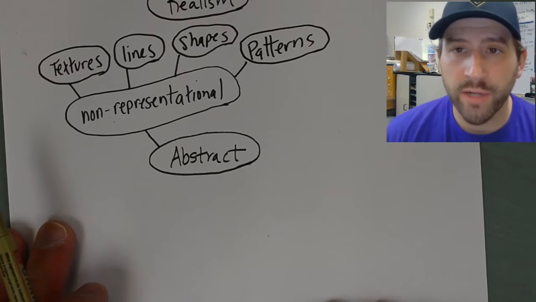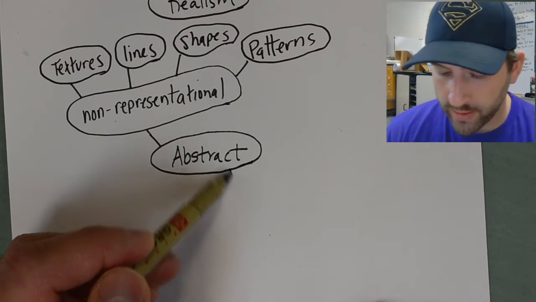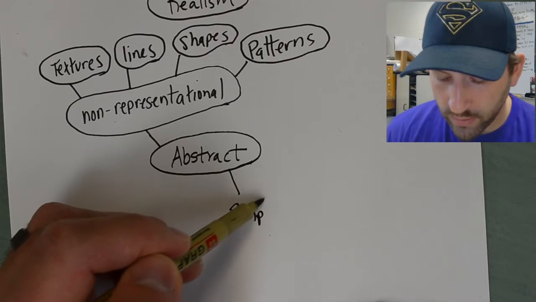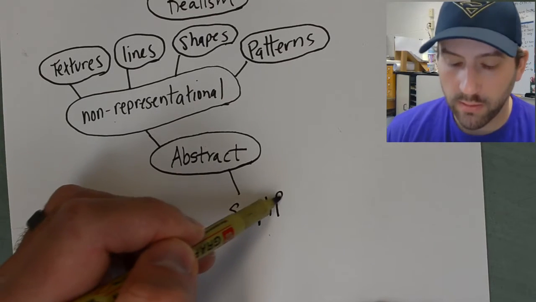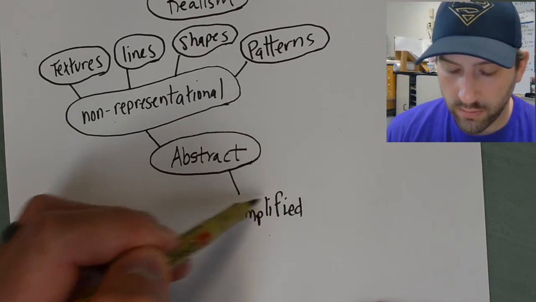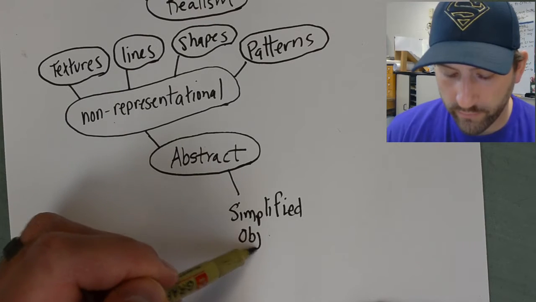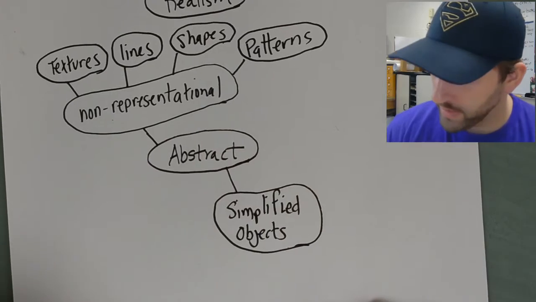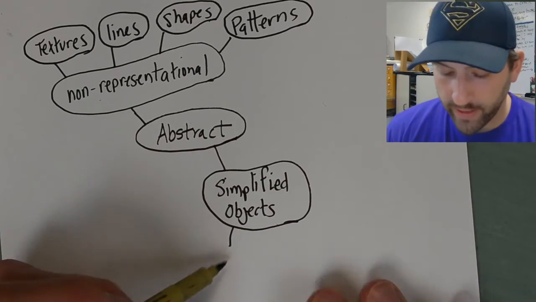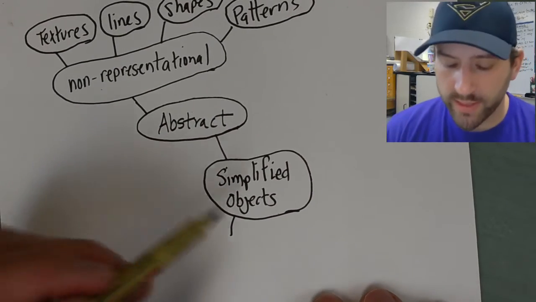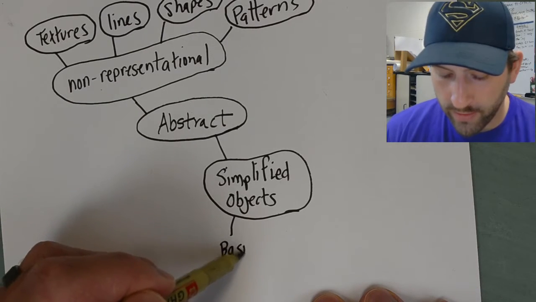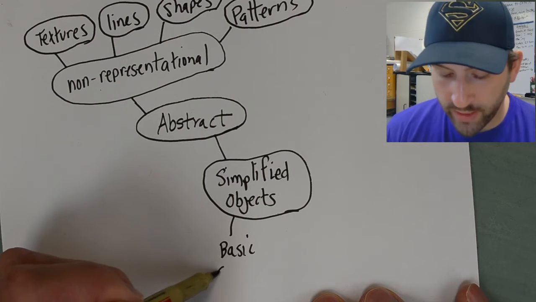When I think about abstract subjects, I think about simplified forms or simplified objects. And so I think simplified objects, what does that mean? Kind of means breaking things down into basic shapes and lines.